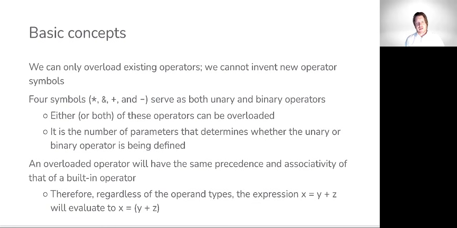Within your applications, you can define what it means for either or both of these operators to be overloaded. It's the number of parameters that determines whether the unary or binary operator is being defined, so this will be inferred.